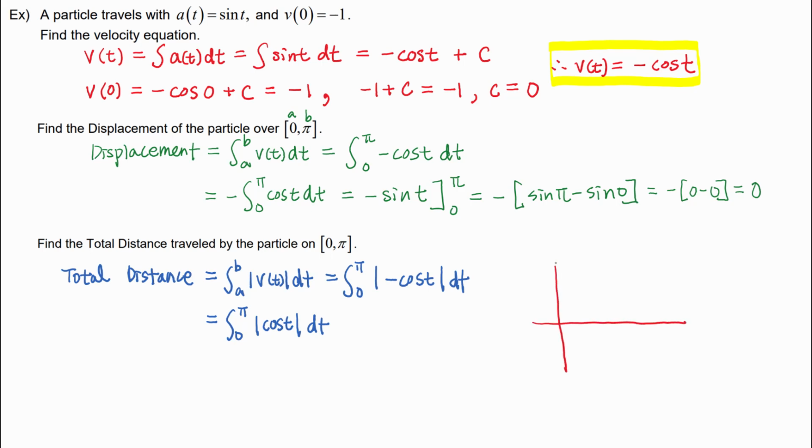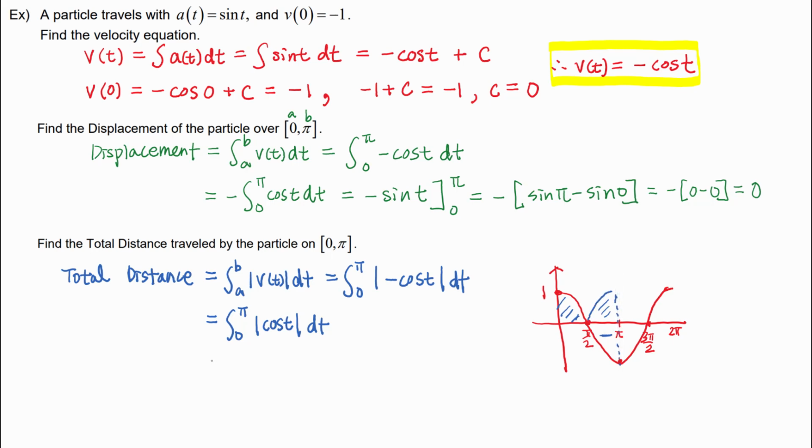The cosine function starts at 1, goes to 0 at pi over 2, is -1 at pi, then back to 0 at 3 pi over 2, and back to 1 at 2 pi. This is what the cosine graph looks like, and you want to take the absolute value of cosine t from 0 to pi. Because from 0 to pi over 2 it is already positive, this is fine. But from pi over 2 to pi, it is negative. So when you take the absolute value, it's going to come back up here.